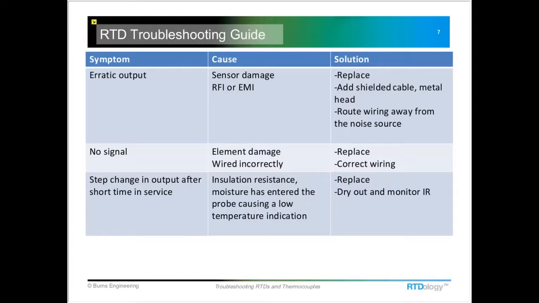So that's kind of the basics of what's inside of an RTD. On the outside, they generally all look the same, but inside is where things are a little bit different. So some of the failure modes, I pulled together some of the more common ones that I hear about. The first one is erratic output, and this is usually caused by some kind of radio frequency or electromagnetic interference. It can also be an indication that the sensor was damaged.